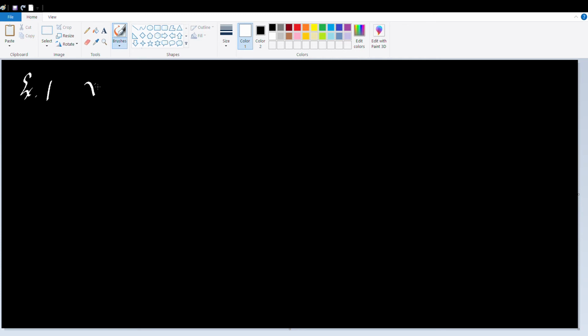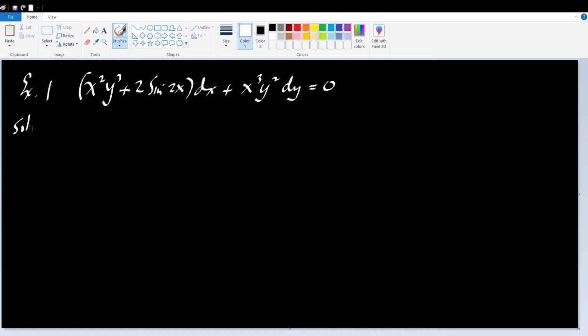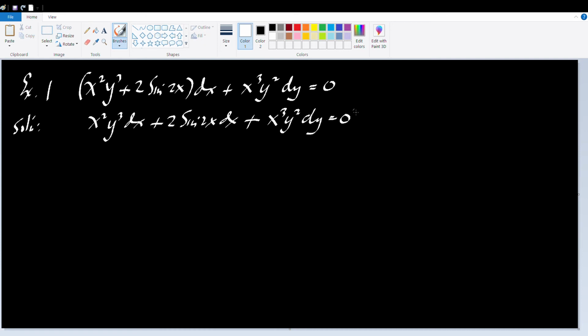Let us solve the equation (x squared y cubed plus 2 sine of 2x) dx plus x cubed y squared dy equal to 0. We write this as x squared y cubed dx plus 2 sine 2x dx plus x cubed y squared dy equal to 0.